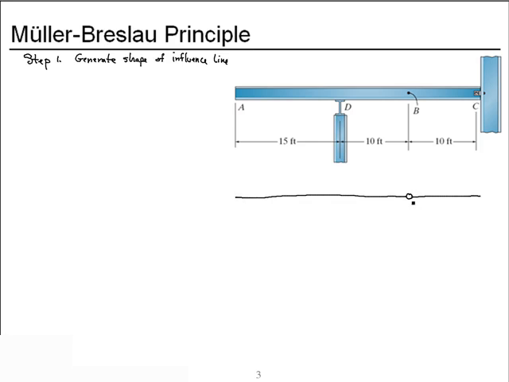So in this case, we want to find the moment at B, so we release the structure's ability to carry moment at B. We still have our pin at C, our roller at D. We then apply a positive internal moment at point B and draw the deflected shape.